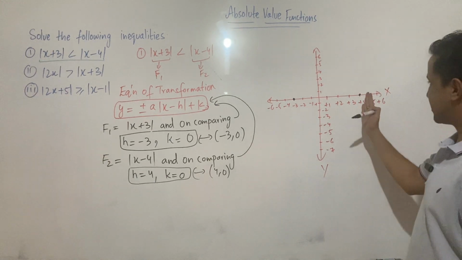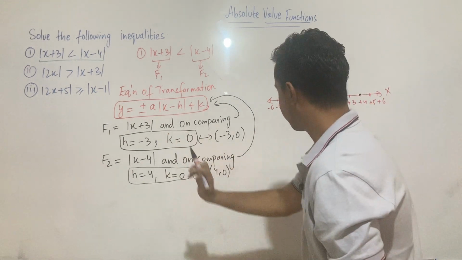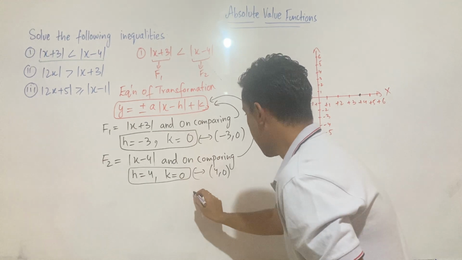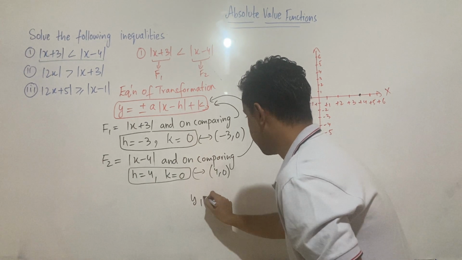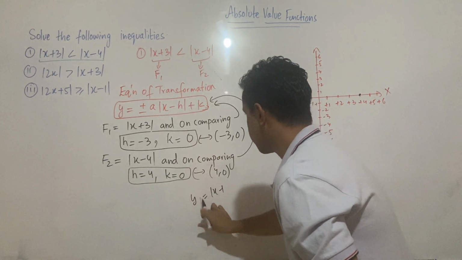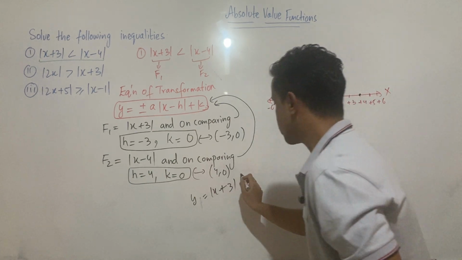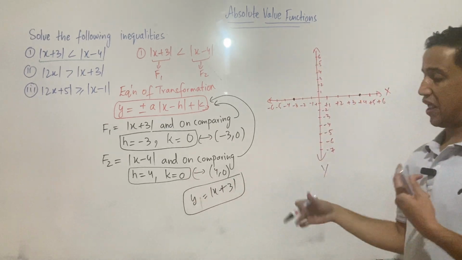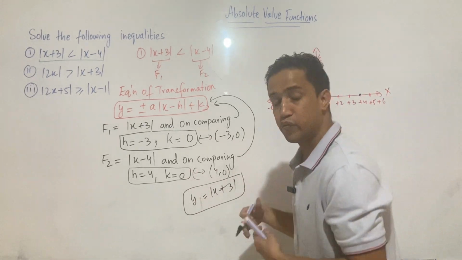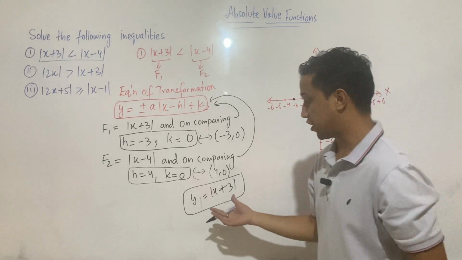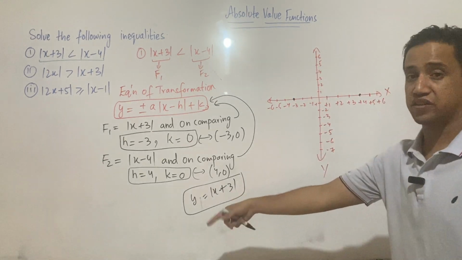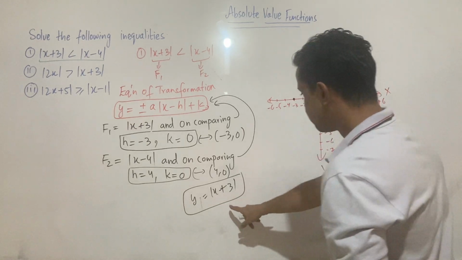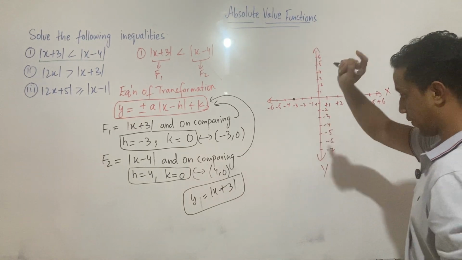So for this one we can write y equals x plus 3, because we want to find values of y. We want to see how y is going to behave when we put in different values of x.